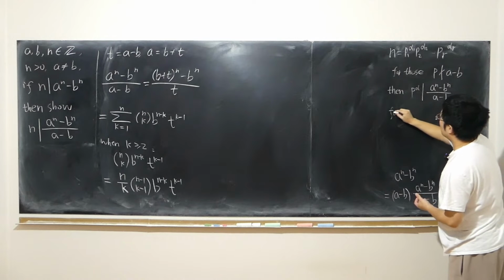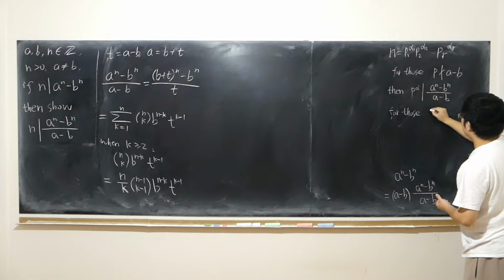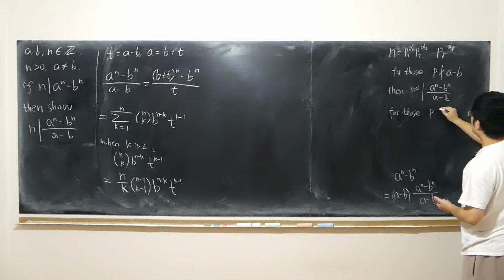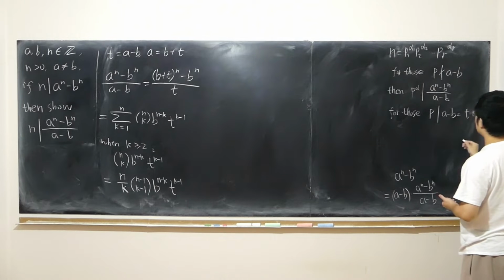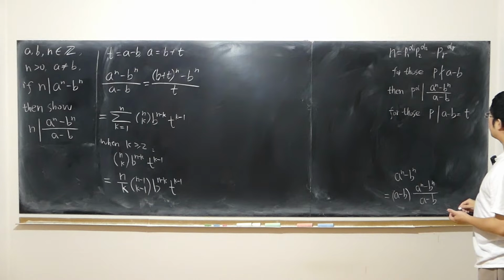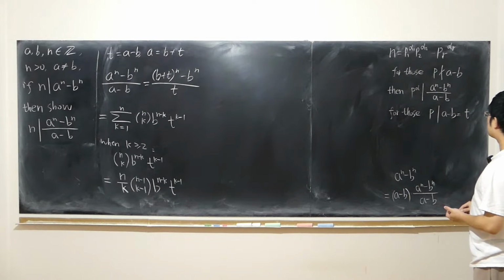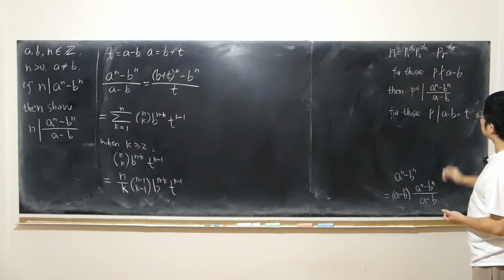But for those p that actually divide a minus b, I'm using t in this case, what happens? Can we also show that p to the alpha divides this term?